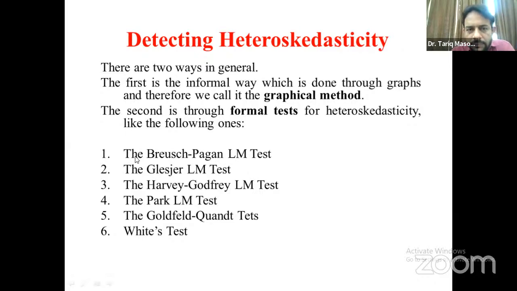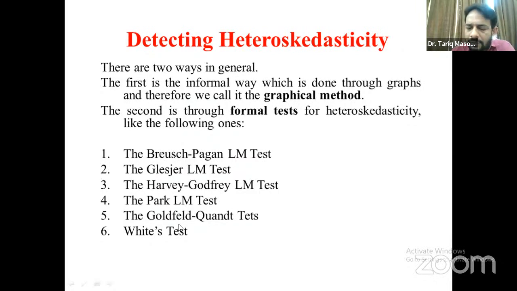Now, after the graphical method, there are a number of formal methods for ascertaining the exact magnitude of the problem, for establishing a proper relation between u and the x variable. Breusch-Pagan test, Glejser test, Harvey-Godfrey test, Park test, Goldfeld-Quandt test, White test.